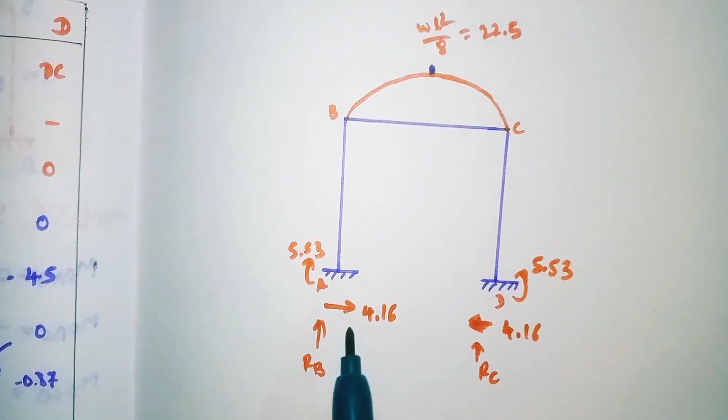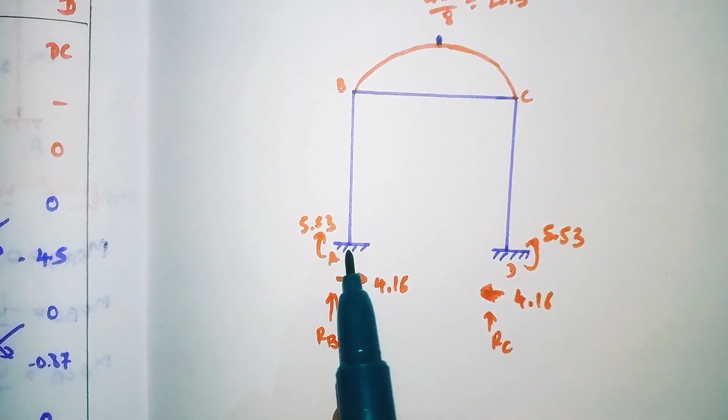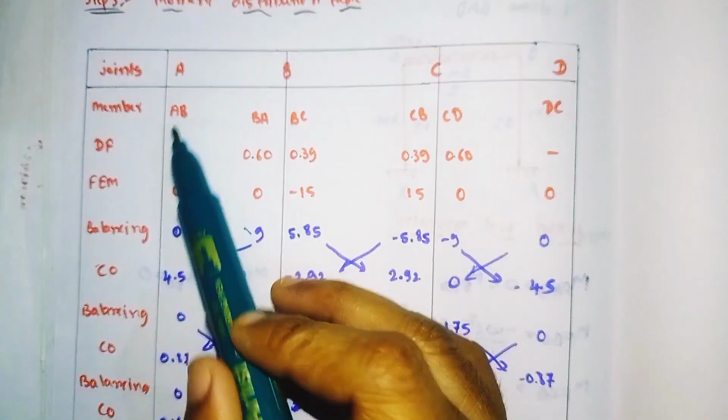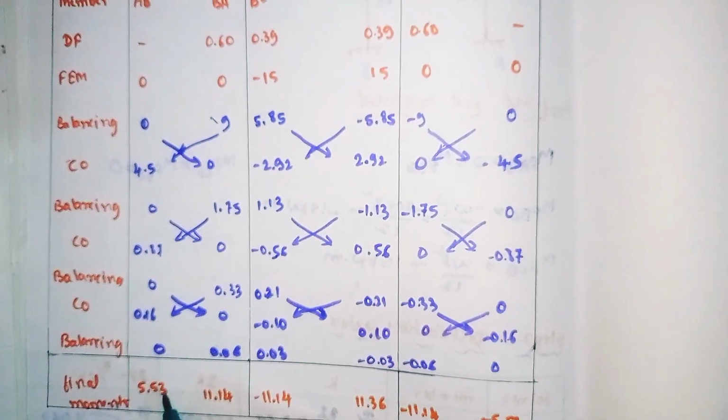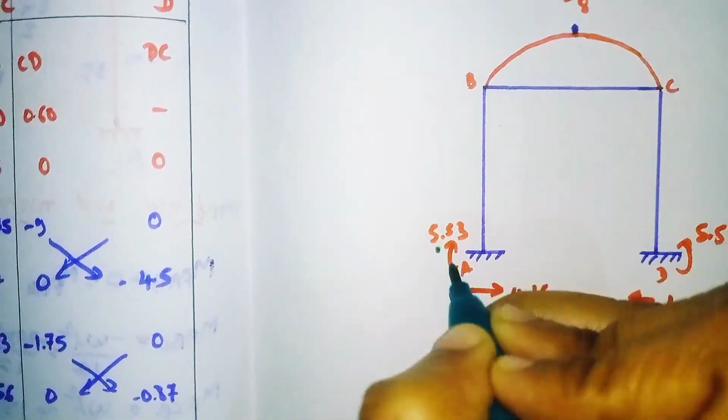So now we will see the net bending moment. For our point A, the final moment is 5.53, so it is positive.